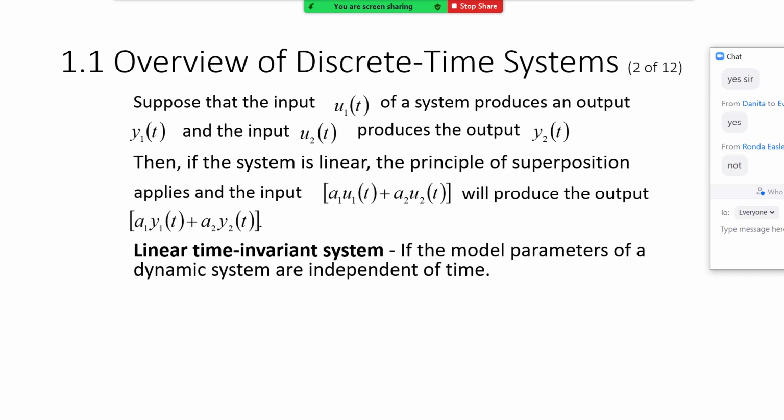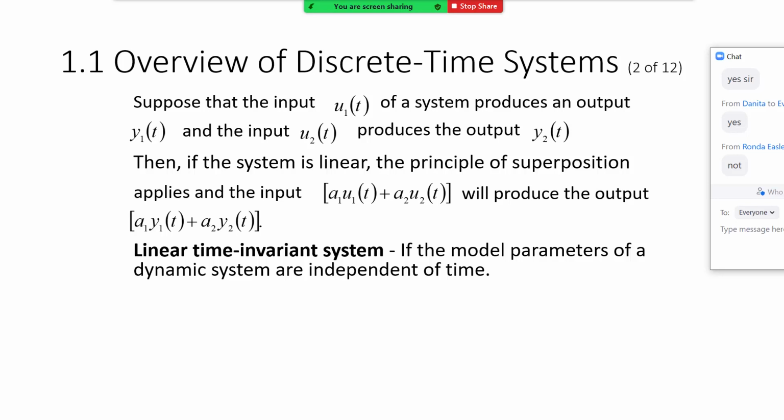Therefore, if I apply a signal to that system and get an output, and apply another signal and get another output, then if I scale the first signal and scale the second signal and add them together and apply them, the output is going to be the scaling of the first signal multiplied by its output plus the scaling of the second signal multiplied by its output. Homogeneity and additivity.